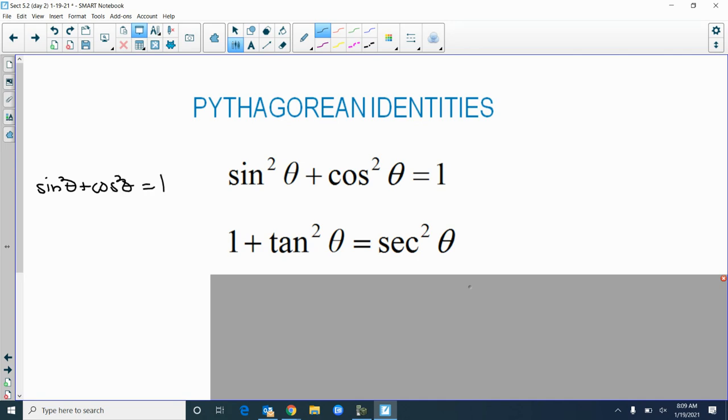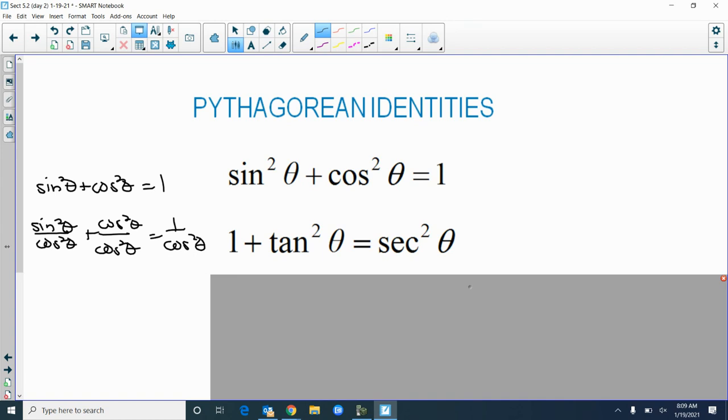Start with that. I'm going to divide every one of these by cosine squared. Cosine squared theta equals 1 over cosine squared theta. Well, what does sine over cosine equal?